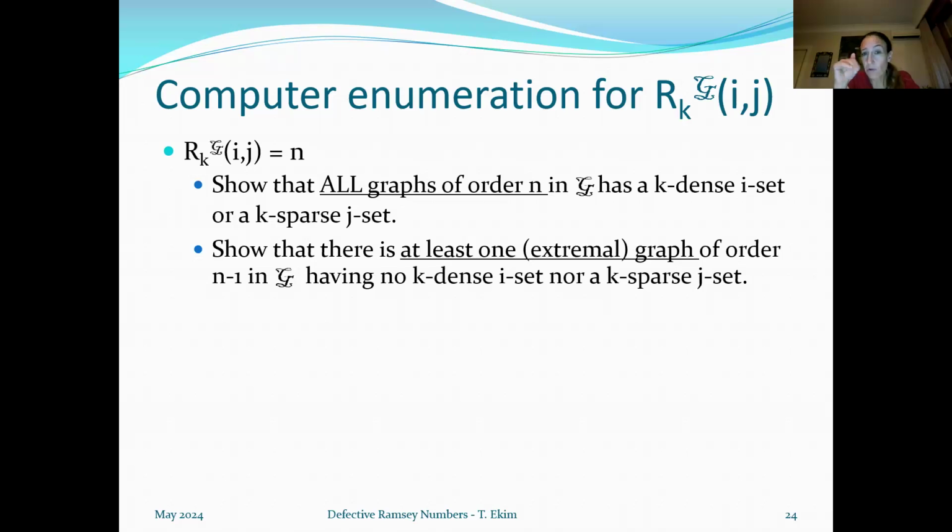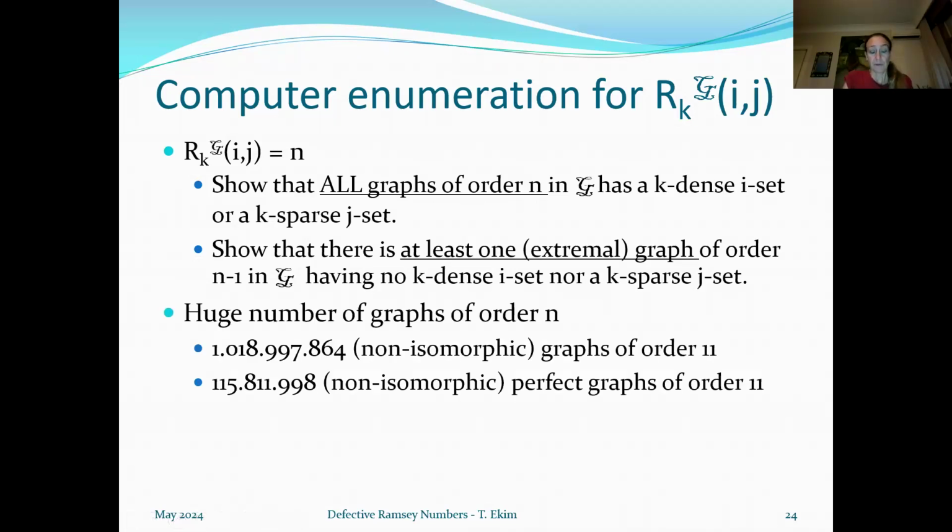So enumerate all graphs of given order and check for this. And then show that there's at least one extremal graph of order n minus 1 belonging to this graph class, and having no k-dense I set nor a k-sparse J set, which we call forbidden defective sets.